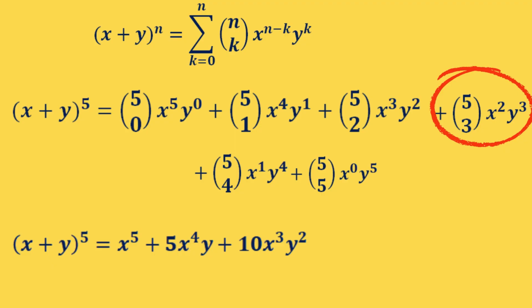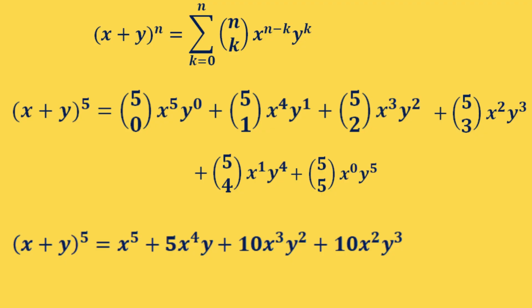In the fourth term, the value of 5 choose 3 is also 10. So the fourth term is 10x squared times y cubed. In the fifth term, the value of 5 choose 4 is 5, giving 5x times y to the fourth power. In the sixth and final term, the value of 5 choose 5 is 1, and x to the power of 0 is 1, giving y to the power of 5.